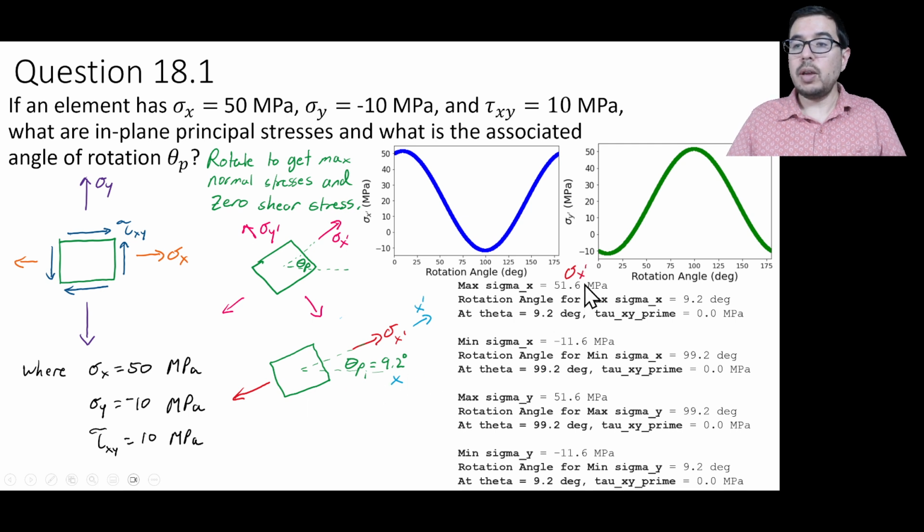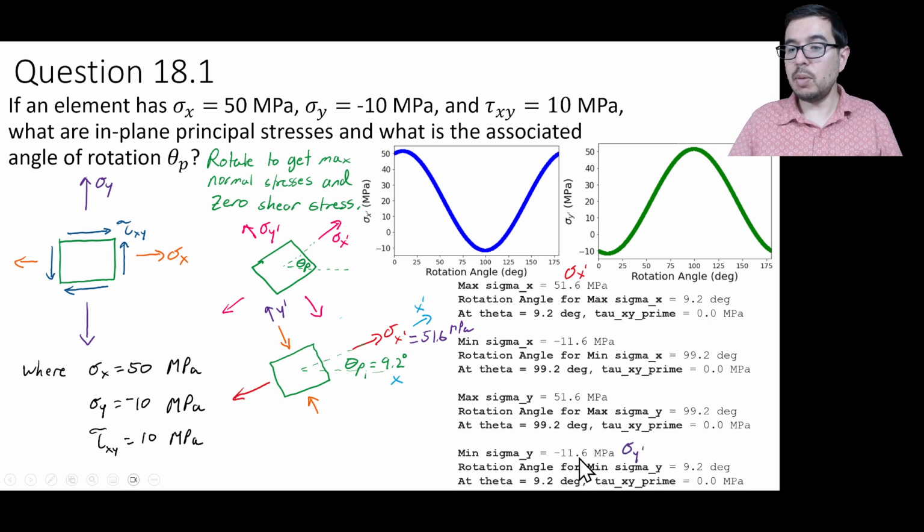The sigma x prime value is given here as 51.6 megapascals, and so we could write that there if we like, or you could even write it right there, but you get the idea. Y prime is 90 degrees from x prime, and we have this compressive stress that we've written out for the minimum sigma y, corresponding to the 9.2 degrees, which is what we have here.